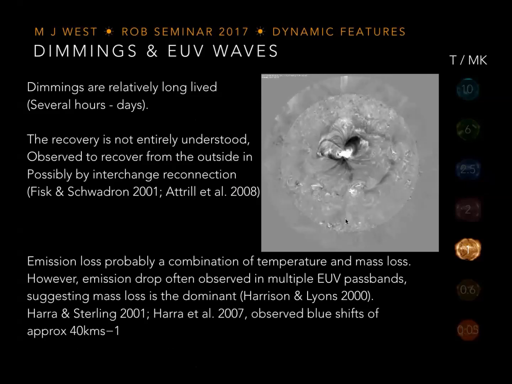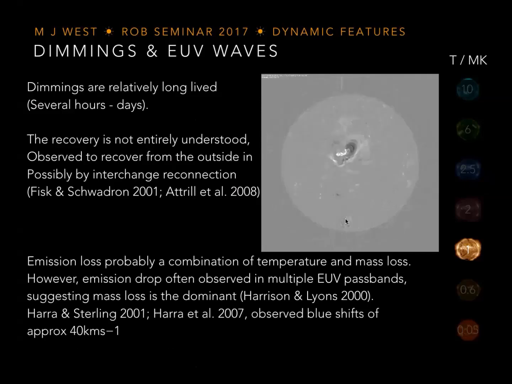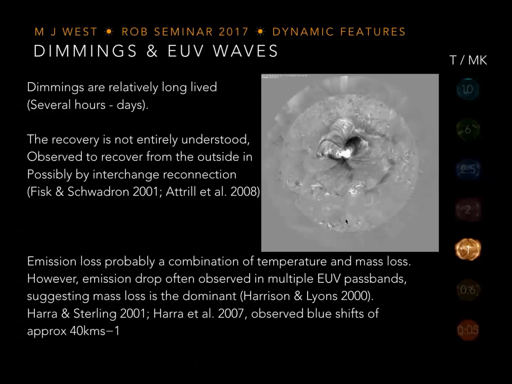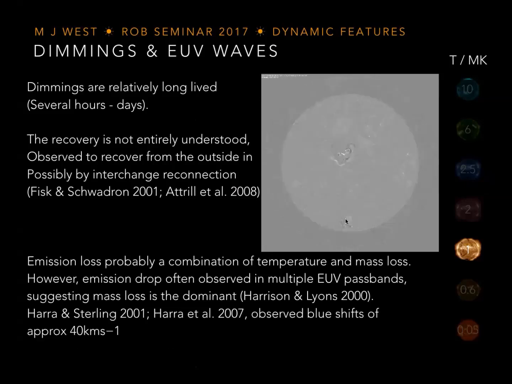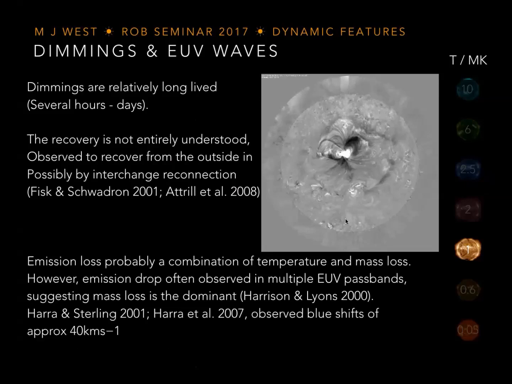You've got material that's able to escape into the outer solar atmosphere. Whereas if the dimming disappears quickly, we could be seeing a more confined case. The recovery is, again, not fully understood, but there's various research going on here looking at how coronal dimmings recover following an eruption.